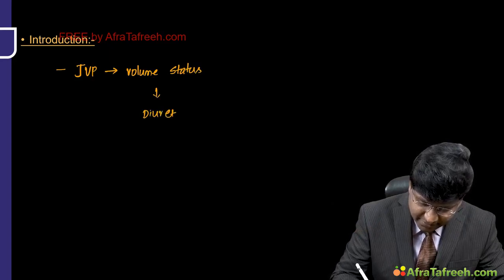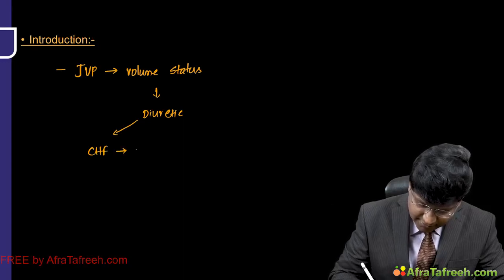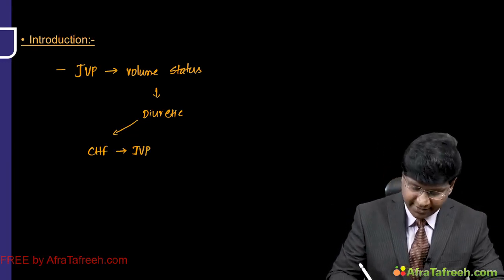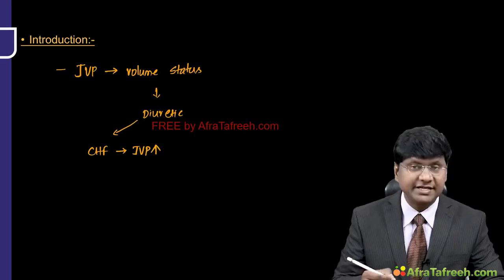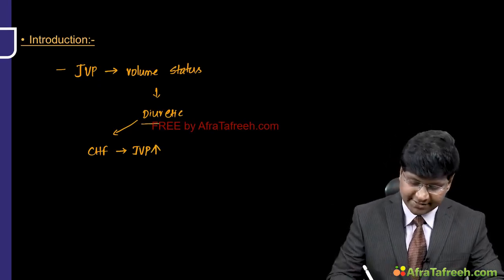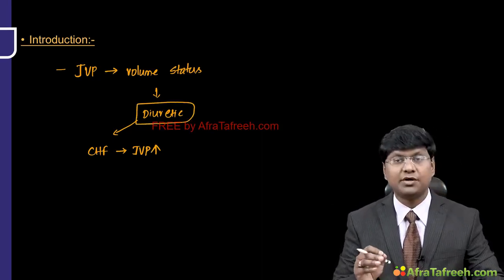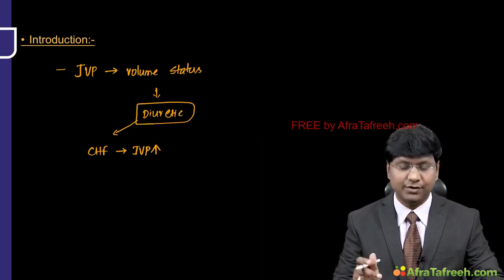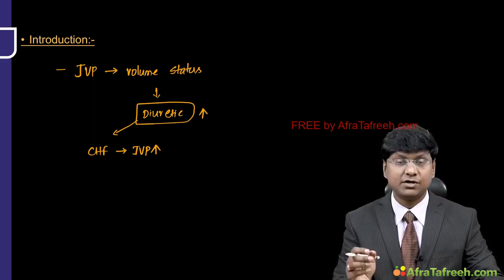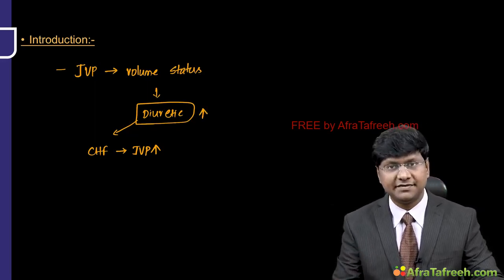For example, in patients with congestive heart failure, based on the JVP level, we will try to adjust the dosage of the diuretics, right? If the JVP is elevated in a case of congestive heart failure, that tells us that the diuretic we are giving is not of adequate dose and we need to step up the dose of the diuretic. That is one of the clinical applications of the JVP.